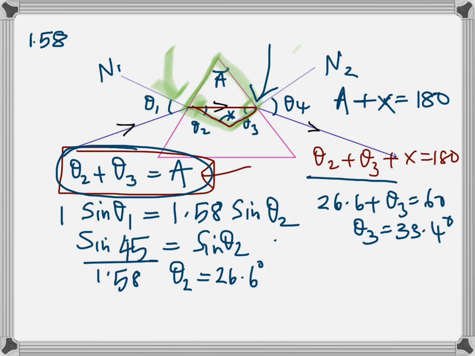Because technically, would it be N3? No. Outside you have air. Inside is glass. Only two materials. So it's N1, air to glass. Second case, it's glass to air.